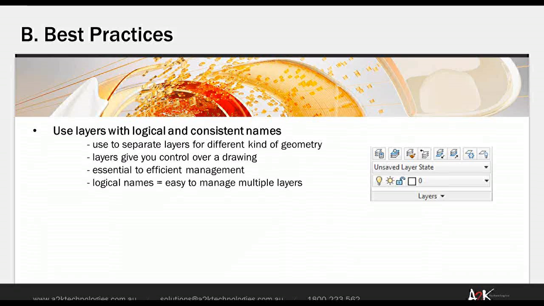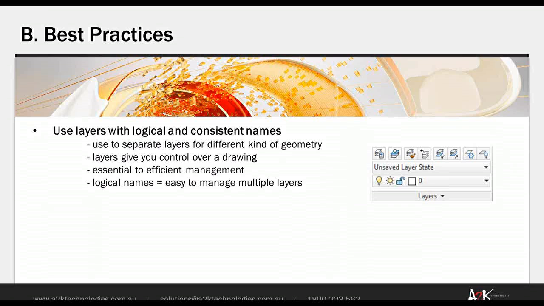Layer names, layers, very big part of AutoCAD. Best way I do things is I use separate layers for different kinds of geometry. My background is civils, roads and highways. So when I'm doing the road layout, I'll create separate layers, one for my curb lip, one for the curb and panel, one for the curb back, one for my footpath, one for my line marking, things like that.